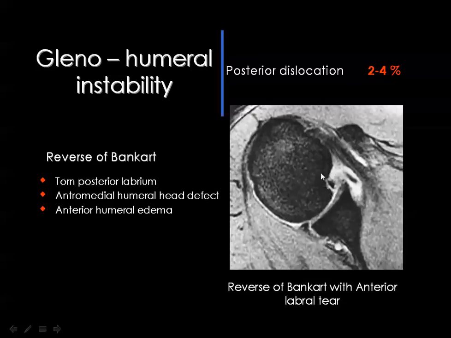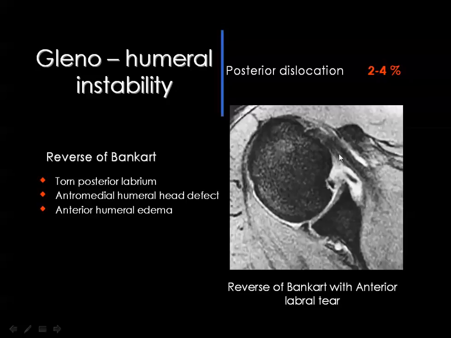You get an impression due to the impingement of the sharp edge of the glenoid bone on the head of the humerus. And many times, because this requires a significant traumatic force, you also get injury of the anterior glenoid labrum. Then you get in the same case a Bankart lesion and the reverse of Bankart lesion.